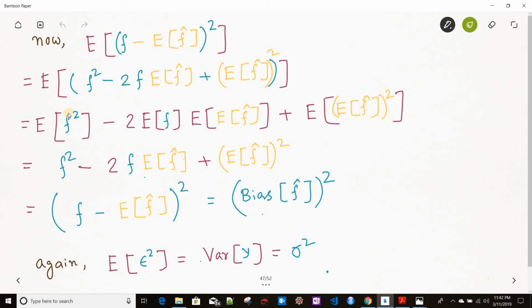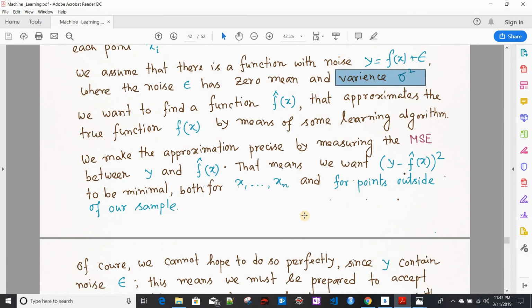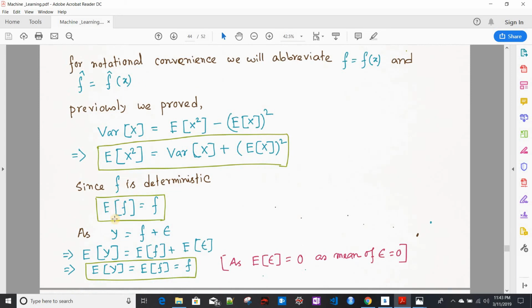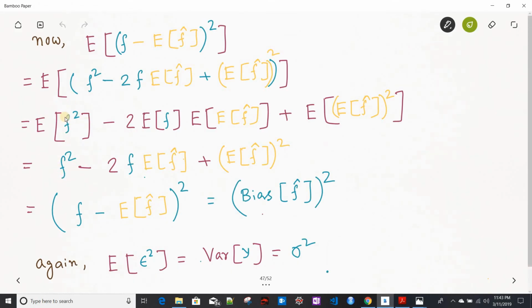Now as f is deterministic, the expected value of f square I can write as expected value of f into expected value of f, right? So ultimately expected value of f is my f, because we have determined over here that f is deterministic. So it becomes f square for this particular term.